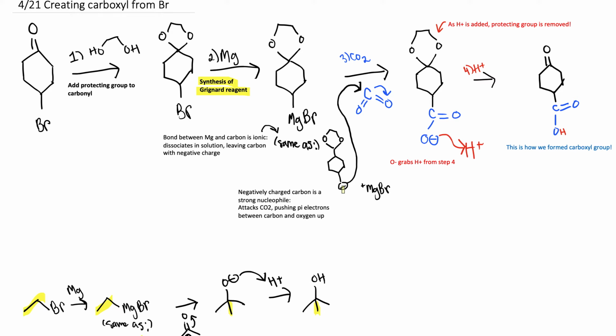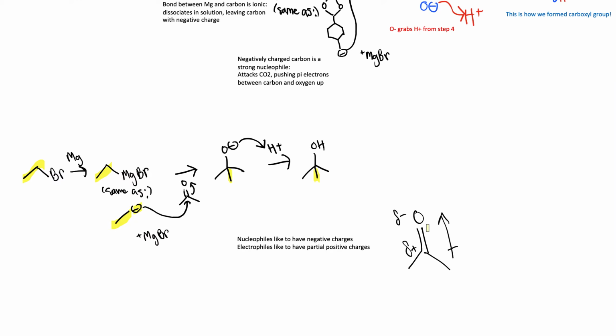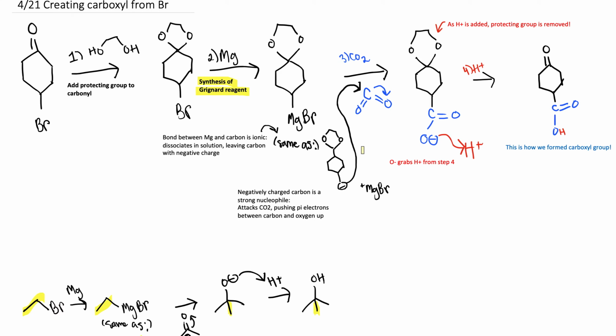making it a good nucleophile. The next step is reacting your compound with CO2, which is actually going to serve as your electrophile. Just like here, your partial positive carbon served as your electrophile. This may look weird, but it's really no different, because this carbon has two electronegative oxygens pulling away from it.